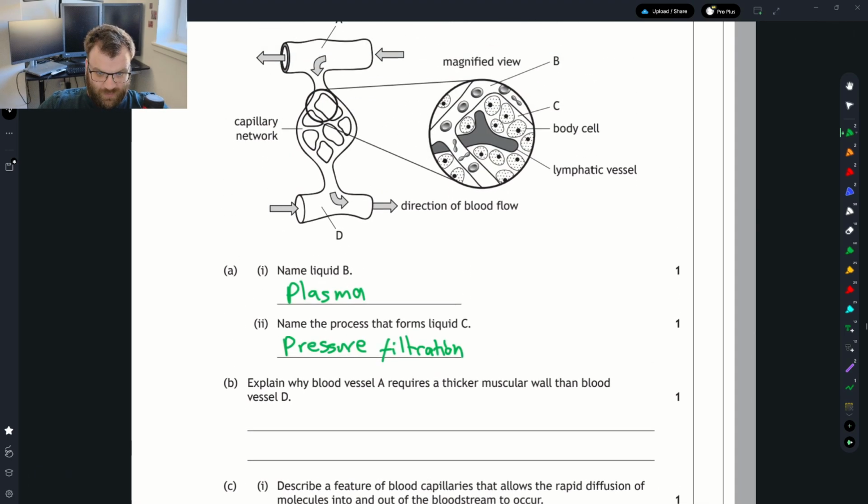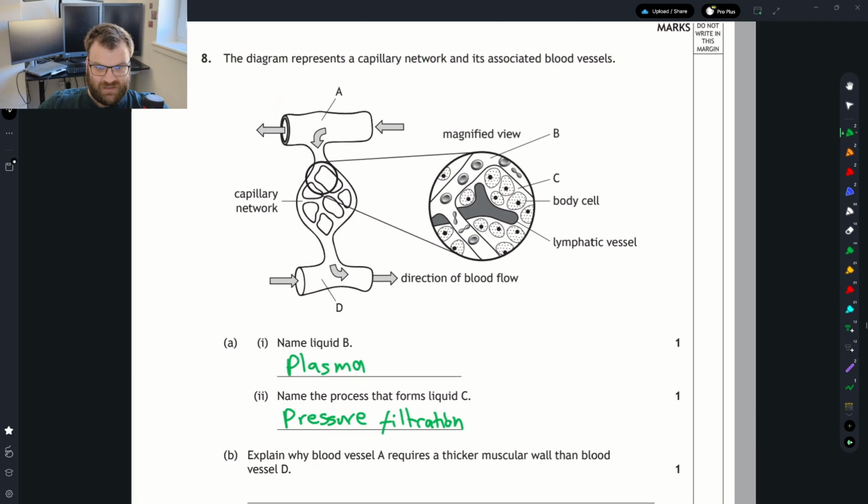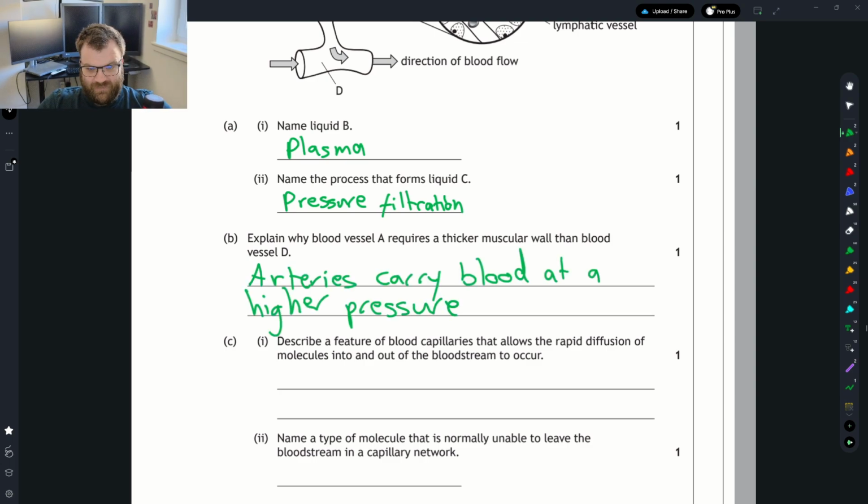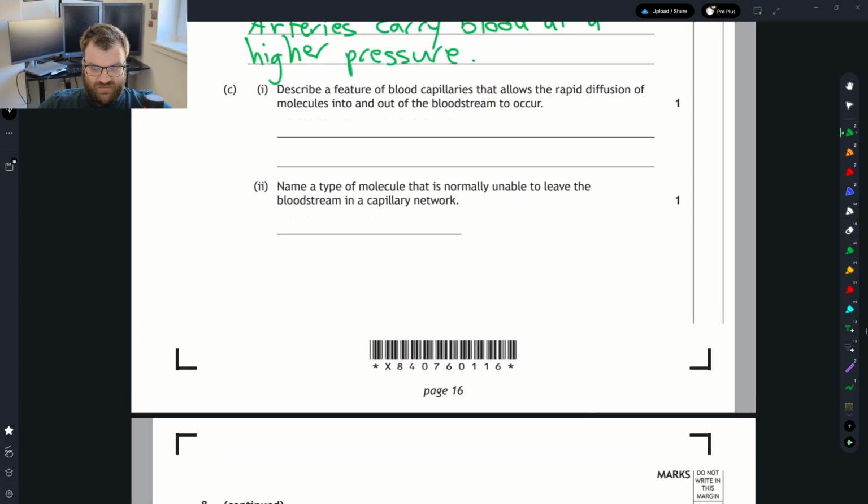Thicker muscle must be then an artery over a vein. Can we prove that? It's getting forced through the capillary, so that would be an artery for that. So arteries carry blood at a higher pressure, so they need to be able to survive that.